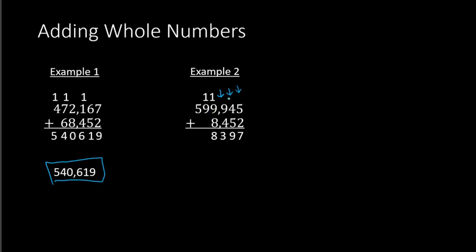And then we repeat again. We add the 1 plus the 9 here, and that gives you 10. So from the number 10, we take the 0 and put the 1 up here. So now we add 1 plus 5, and that gives you 6. So our final answer would be 608,397.